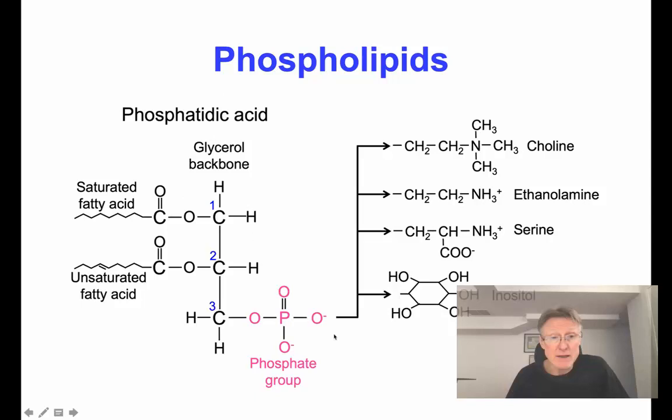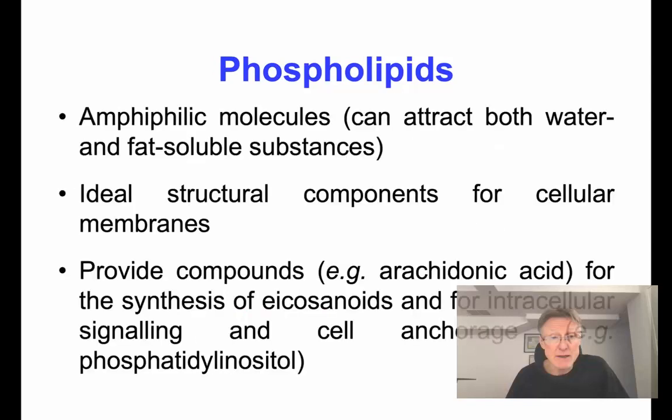When you bind to this phosphatidic acid via the phosphate group, you can create all these four different types of phospholipids, which are mostly found as components of cell membranes. And why is that? Well, phospholipids are considered amphiphilic molecules, which means they can attract both water-soluble and fat-soluble substances.